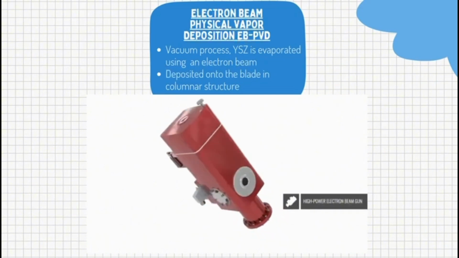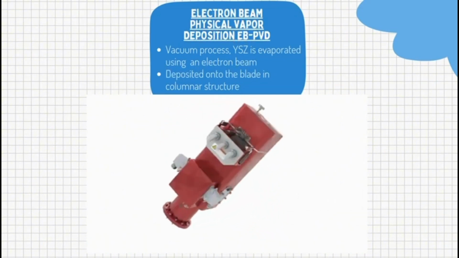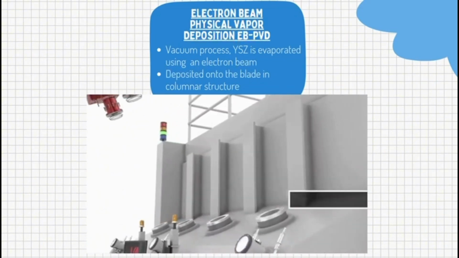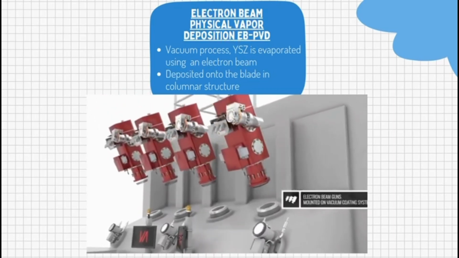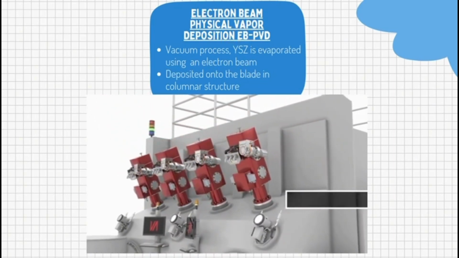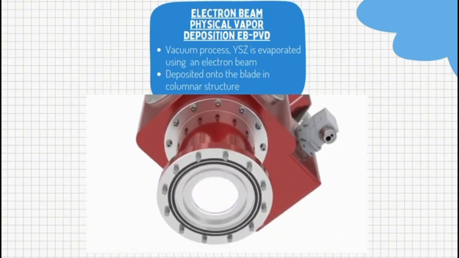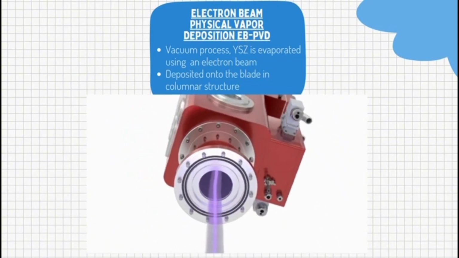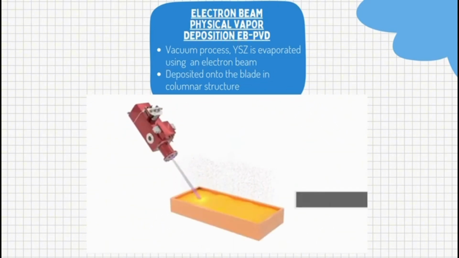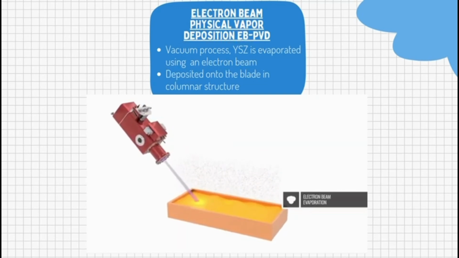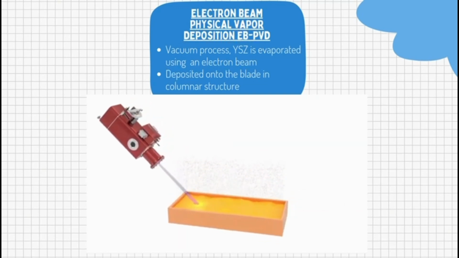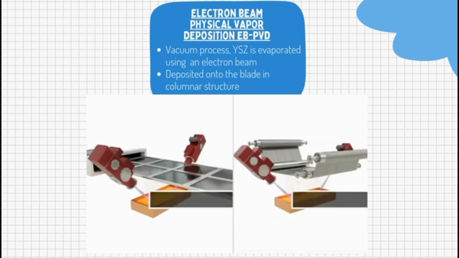For the EBPVD working principle, it starts with electron beam generation. A high energy electron beam is generated using an electron gun, and this beam is focused onto the target material such as YSZ. Then we continue with the vaporization process, where the electron beam heats the target material to extremely high temperature, causing it to vaporize.